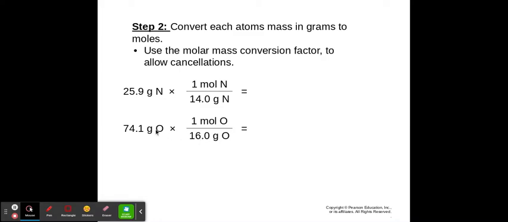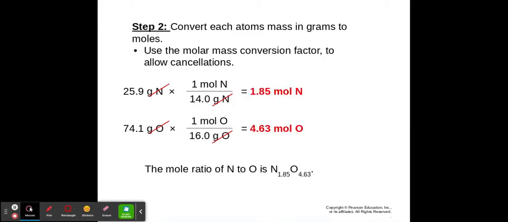Now, our grams can cancel out for both of these equations, like so, exposing moles in the numerator. Okay, and we get our answer, 1.85 mole N and 4.63 mole O. Now, the mole ratio of N to O is simply 1.85 N and 4.63 O.